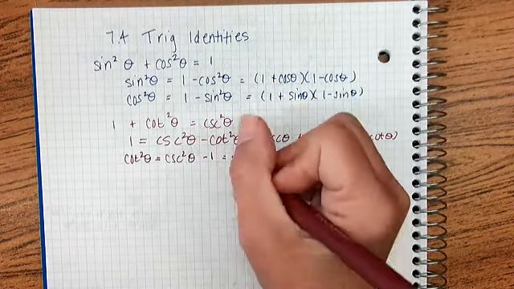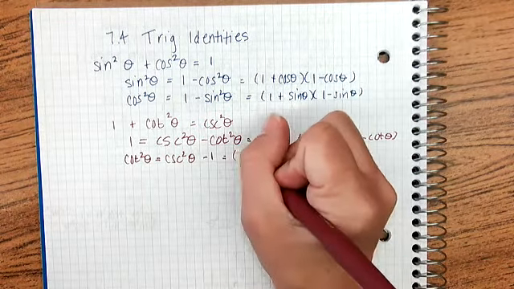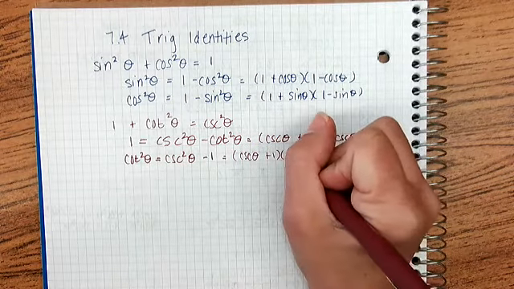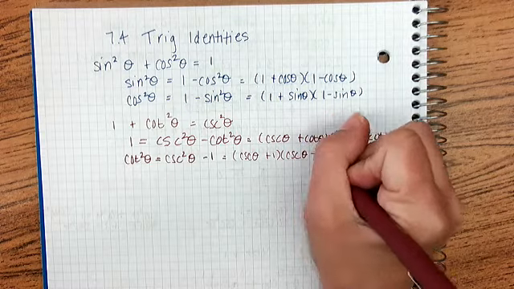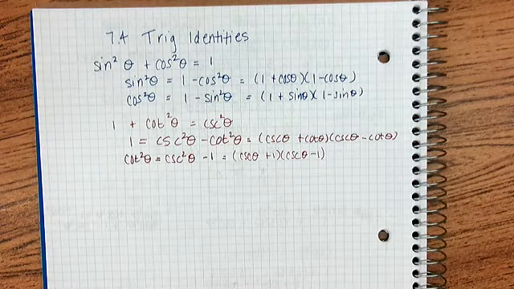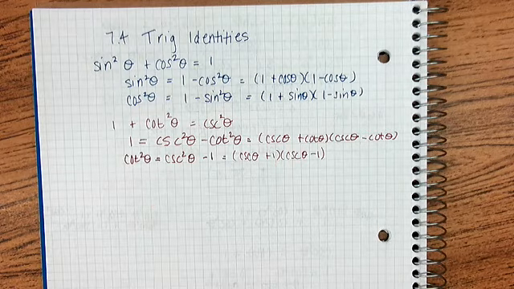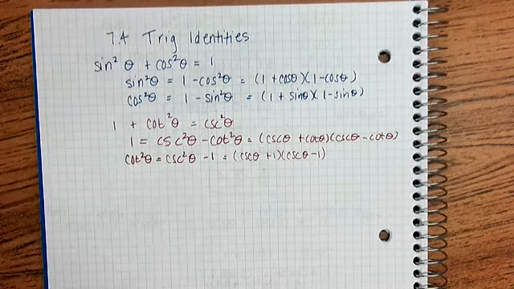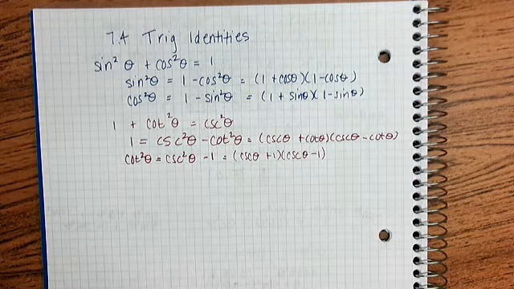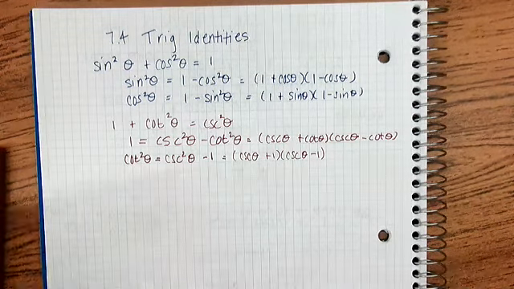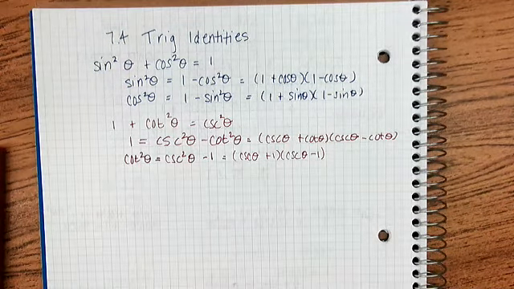Cosecant squared minus 1 is the same as cosecant plus 1 times cosecant minus 1. Why am I doing all this? Because all of these variations in some way, shape, or form are probably going to come up in a proof. And it's going to make things a lot easier for me to prove if I can substitute some of these identities.